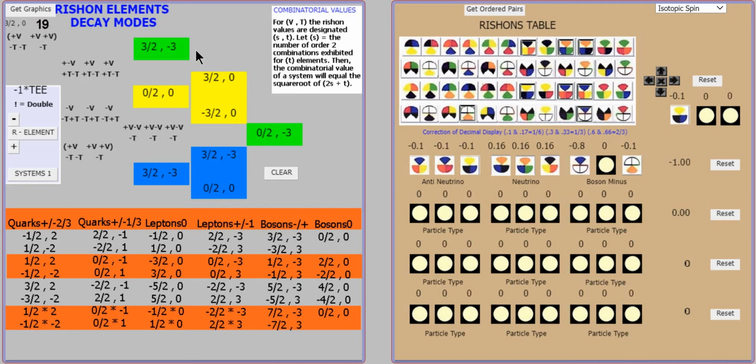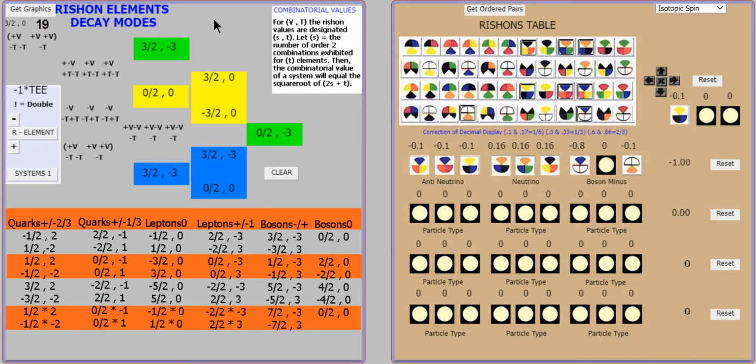And graphically is an anti-V self-relating Rishon associated with a T self-relating Rishon, which altogether will be associated with a particle-antiparticle pair.